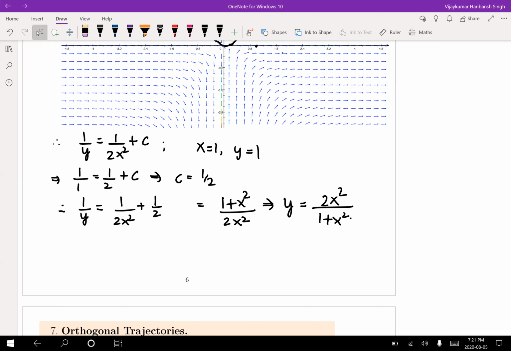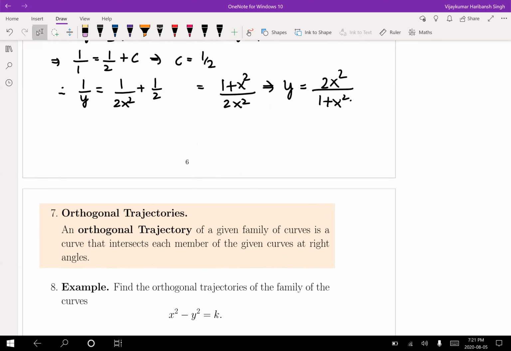Okay. Now let's look at a few applications of separable differential equations.